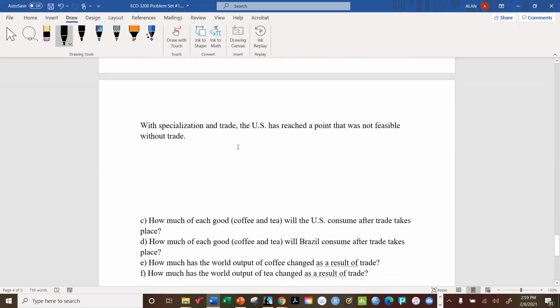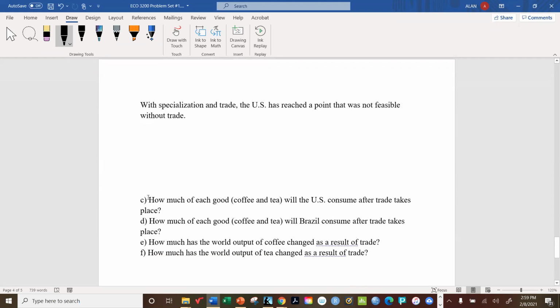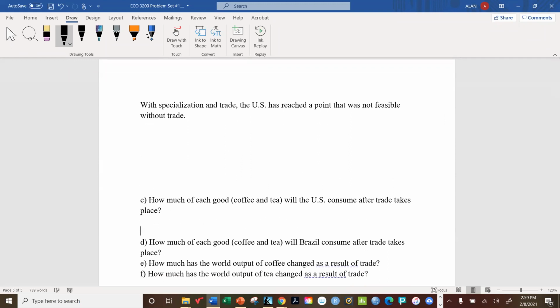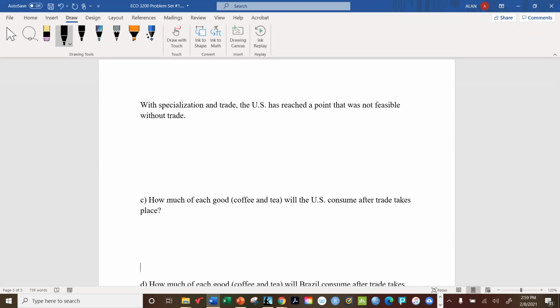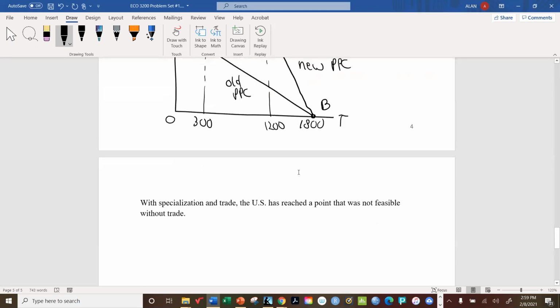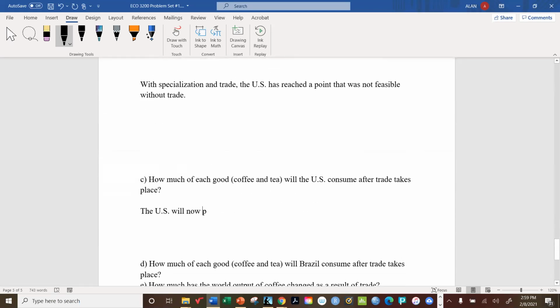And so the question is, how much of each good will the U.S. consume after trade takes place? So we've just gotten through proving that the U.S. will now produce 1,800. Oh, they didn't ask about that. Okay.